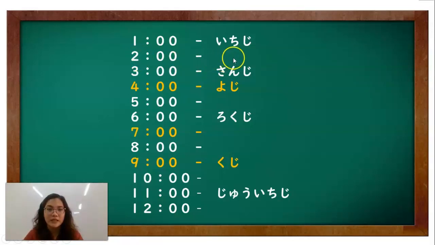Okay, 2 is niji. 5 o'clock is goji. 7 o'clock is shichiji. 8 o'clock is hachiji. 10 o'clock is juji. And 12 o'clock is juniji.